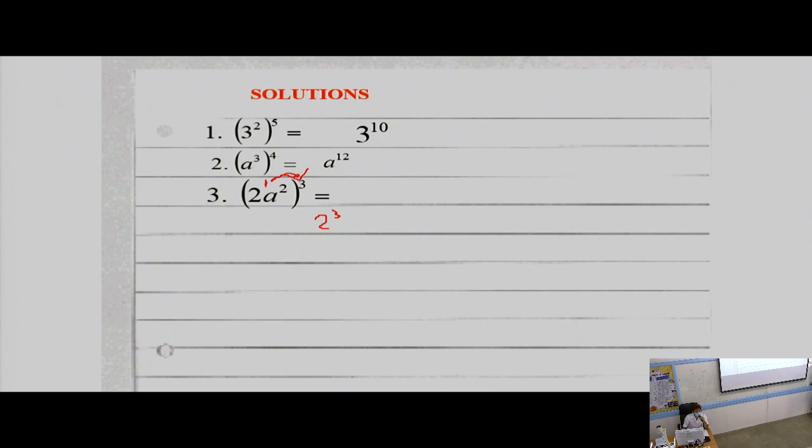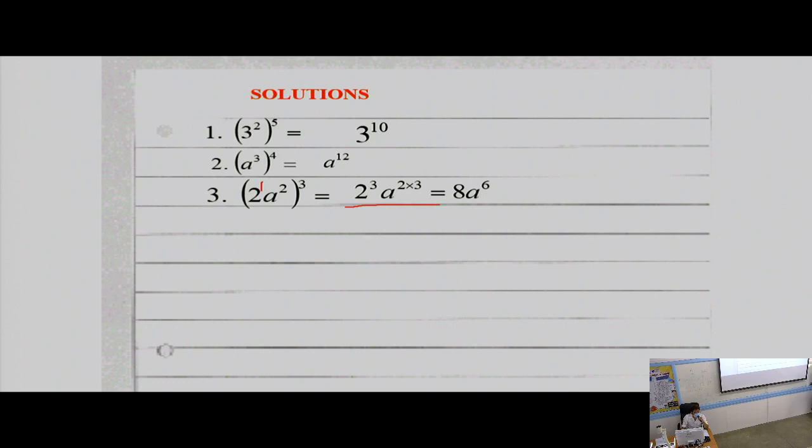Okay? And so, 8 to the power of 2 to the power of 3. Remember everyone, we have here 1. The power of 2 is 1.